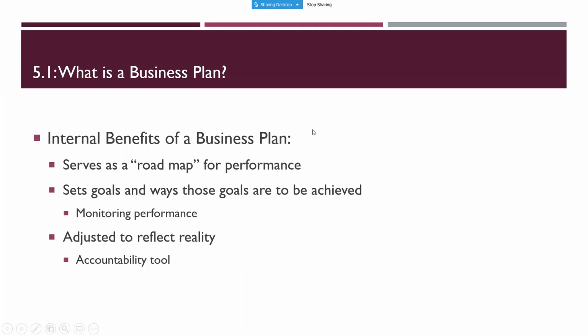Okay. So the benefits of having a business plan, whichever type you have, if it's the startup, the general plan, or the internal, or all three: you've got a roadmap for performance, a roadmap for the future, goals. It serves as a way of setting goals and also lays out how those goals are going to be achieved. So it's a good way to monitor performance.